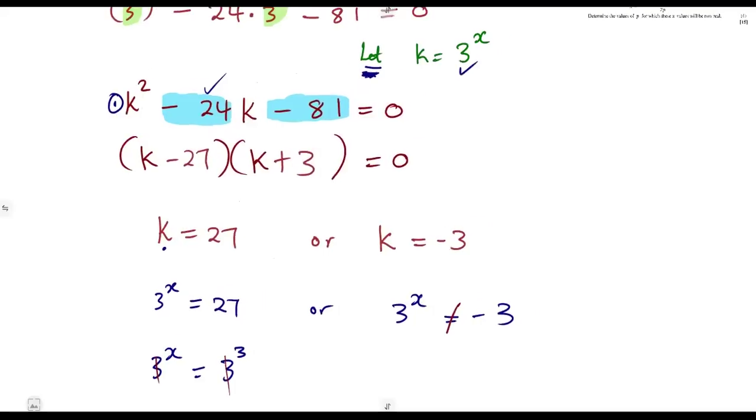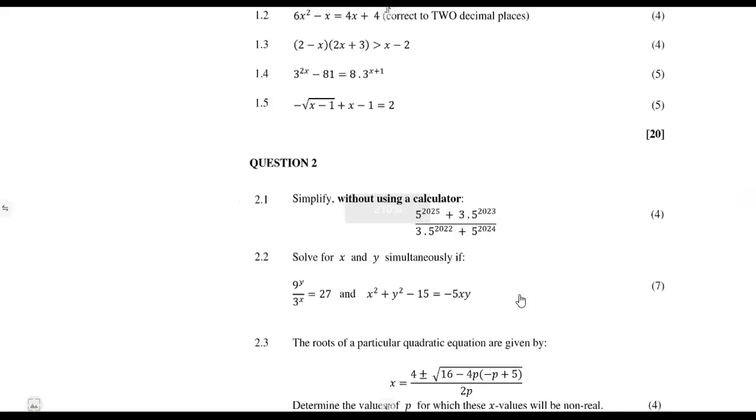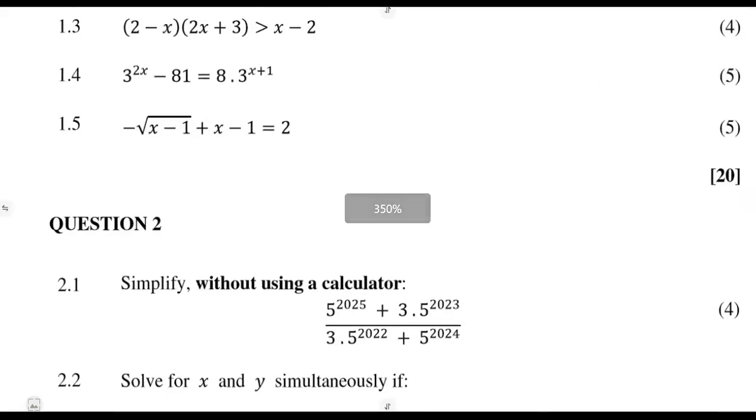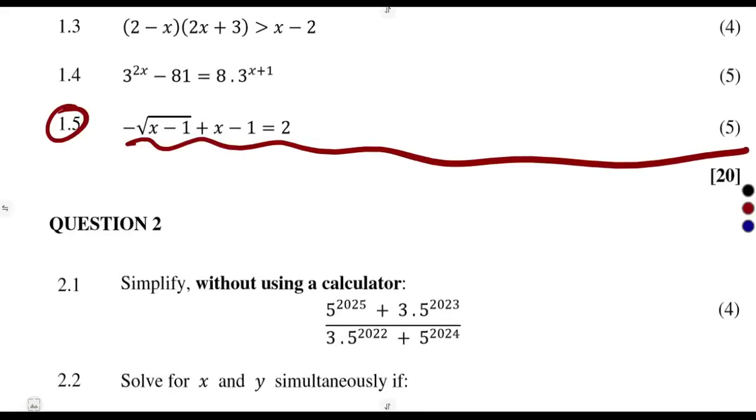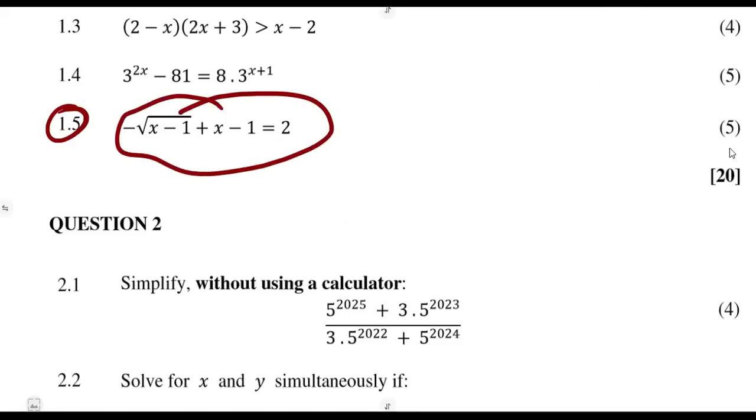All right, let's see another part that we are given in this case, which was 1.5. So 1.5 here. This was, again, solve for x. 5 marks. So we are under our equations, under the sets. Again, I'm just going to rewrite this equation, guys, because of the space that I'm having here.